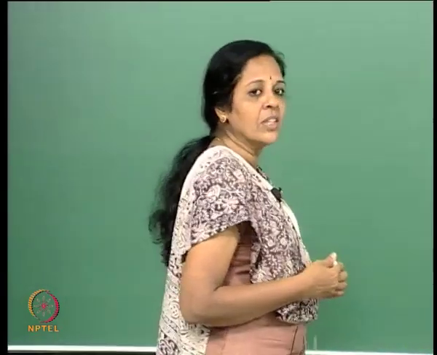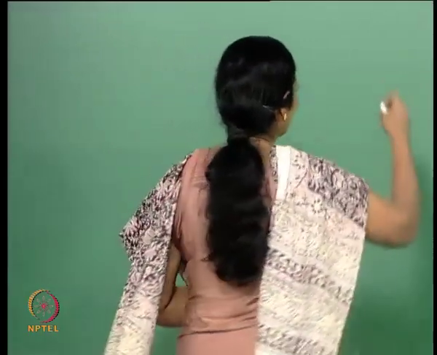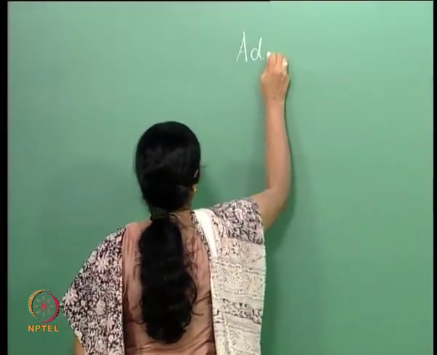In this class I will continue working out a specific problem in addition of angular momenta, and that is J1 is 1 and J2 is 1. This has some very interesting consequences and certainly helps one understand subtleties related to addition of angular momentum and the Clebsch-Gordan coefficients.